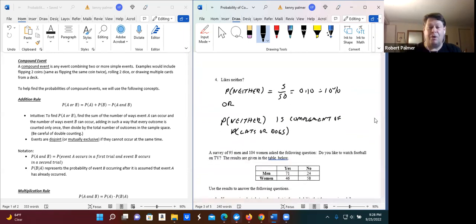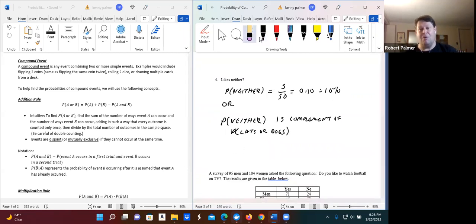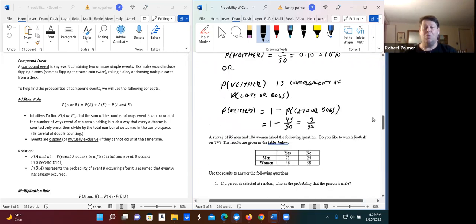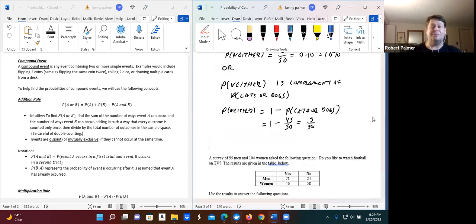Because if you don't like either cats or dogs, that means you don't like either one. And so, from our rules of complements, the probability of neither is 1 minus the probability of cats or dogs. That's going to be 1 minus 45 over 50, which is 5 over 50. So we can see we get the same thing either way. In this case, we also use the idea of a complement. Okay, so that's the idea of or.